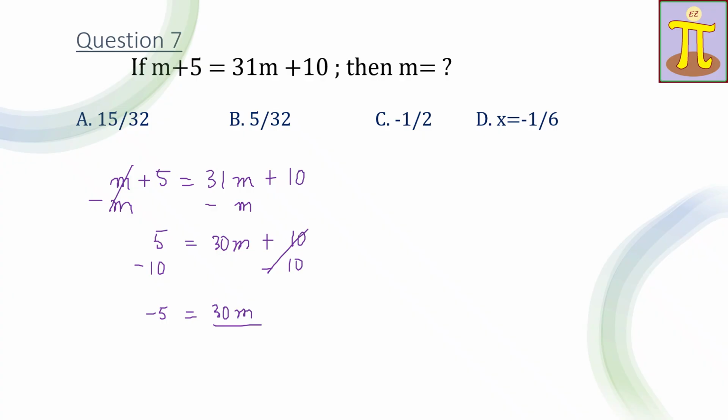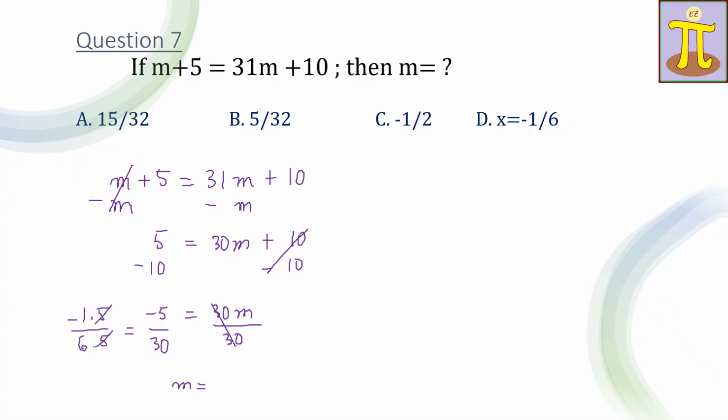Now we divide both sides by 30, so I have isolated my m on the right hand side. Now negative 5 over 30. You can have negative 1 times 5 is negative 5, and 6 times 5 is 30.